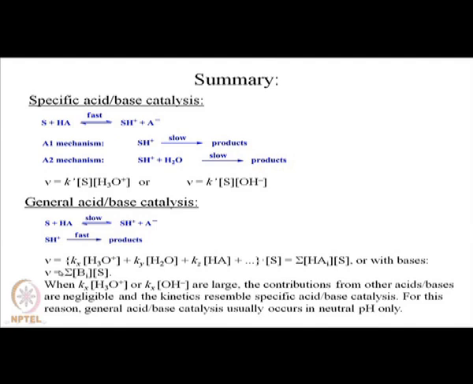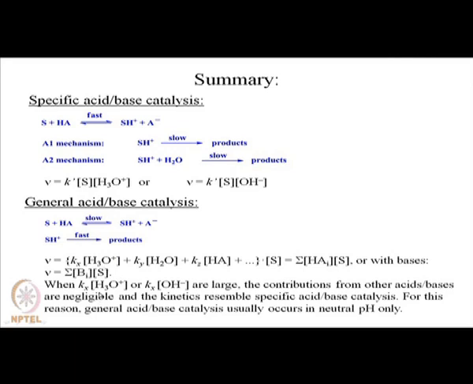And here the overall velocity of the reaction has contributions from various components, like H3O plus, H2O, then HA, or with bases it is OH minus, H2O and A minus. So it is basically a sum over various concentration terms.